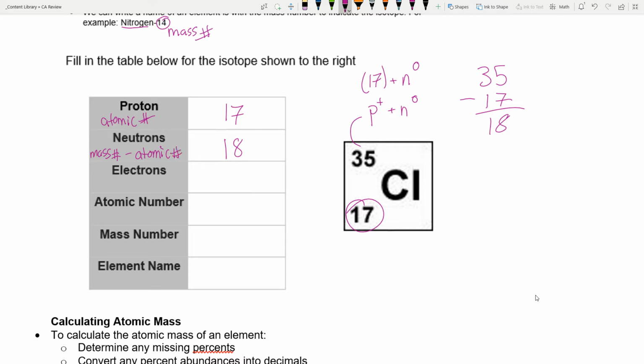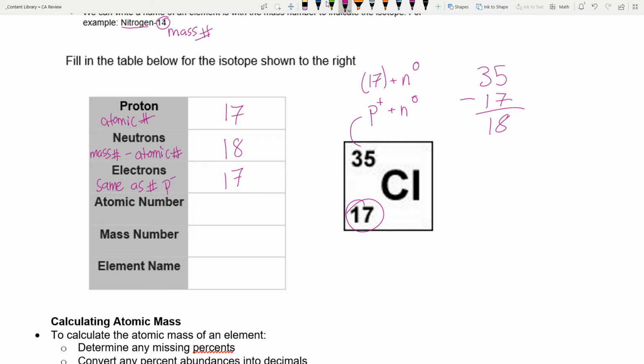Electrons, we will always assume that these are neutral elements unless it says otherwise. And so in a neutral element, the number of electrons is the same as the number of protons. And so if we have 17 protons, then we will have 17 electrons as well.